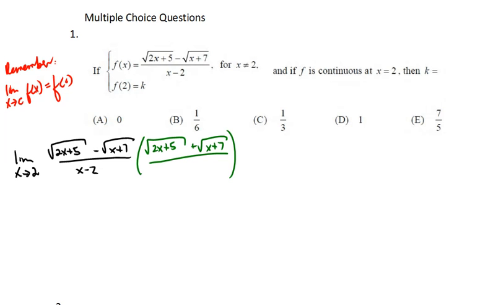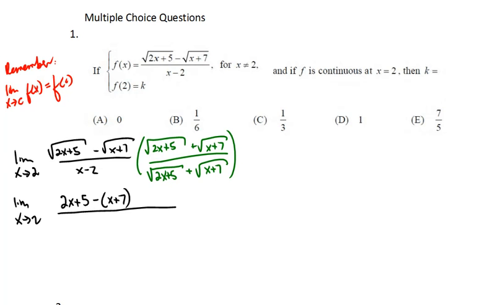And so we're going to multiply top and bottom by square root of 2x plus 5 plus square root of x plus 7. When we multiply the numerators, we get first term squared minus second term squared. We have limit as x approaches 2 of 2x plus 5 minus x plus 7, all over x minus 2 times the quantity square root of 2x plus 5 plus square root of x plus 7.